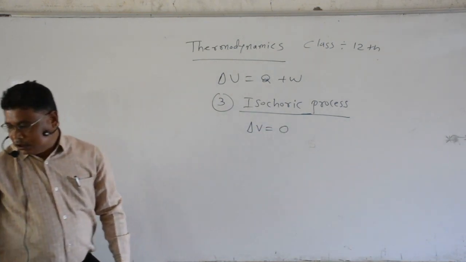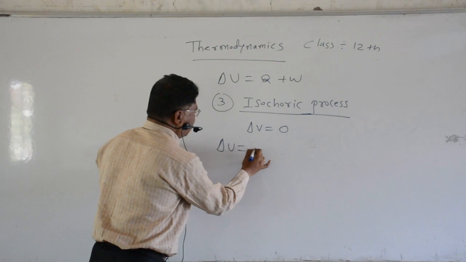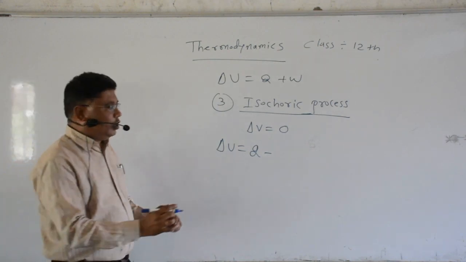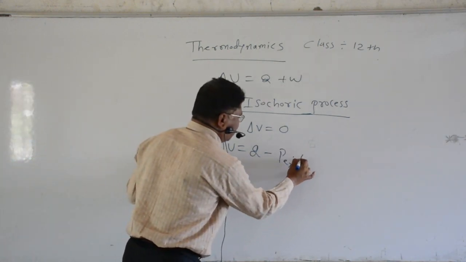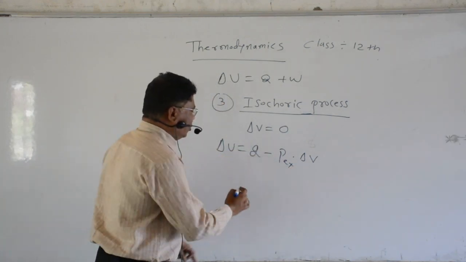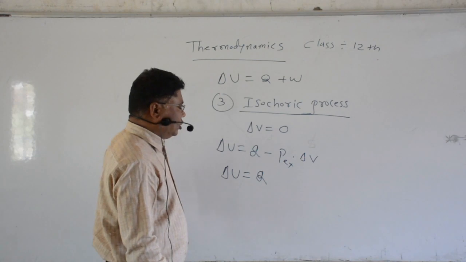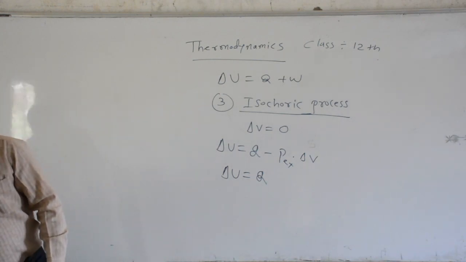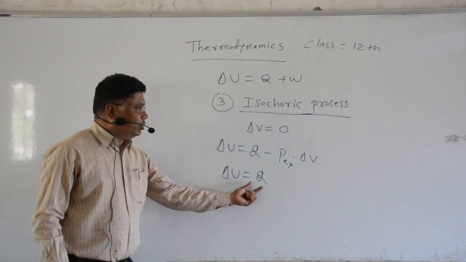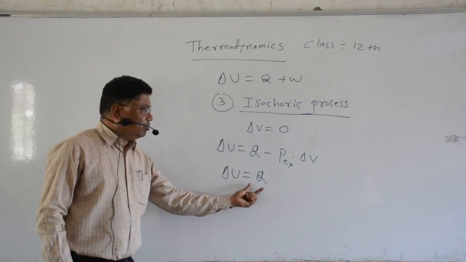You know the equation delta U is equal to Q minus P external into delta V. Since delta V is 0, this equation becomes delta U is equal to Q. This indicates that the change in internal energy is equal to the amount of heat exchanged between system and surrounding.